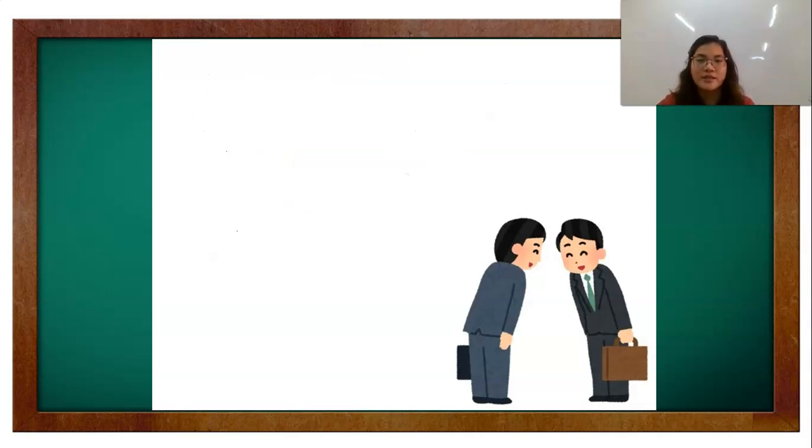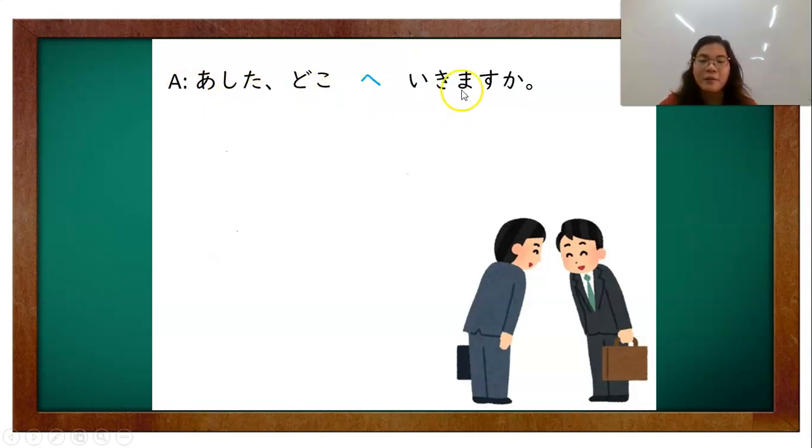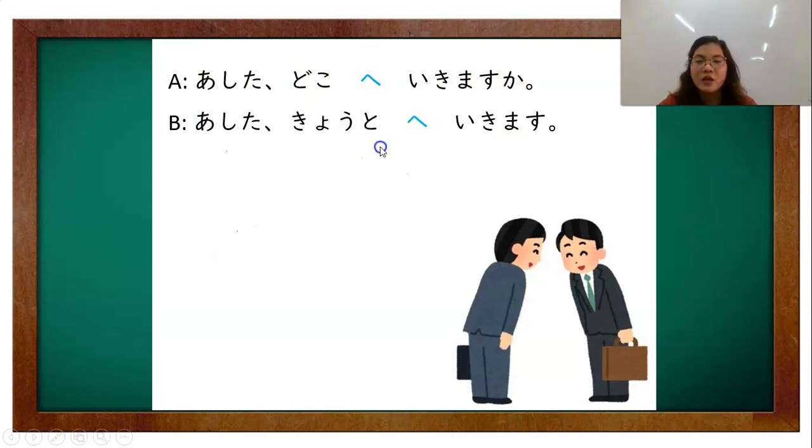Here's another example. Ashita doko e ikimasu ka? Saan ka pupunta bukas? Ashita Kyoto e ikimasu. Pupunta ako ng Kyoto bukas. Nande ikimasu ka?